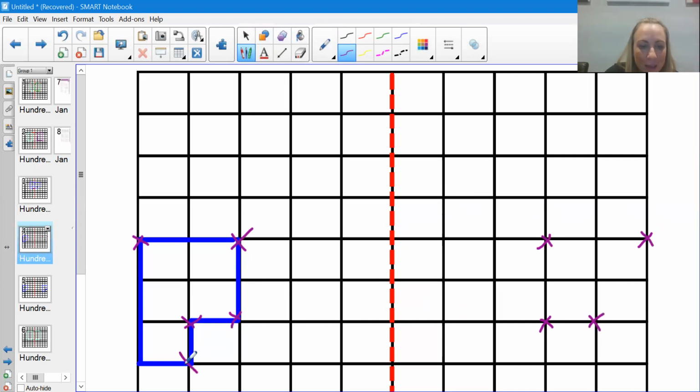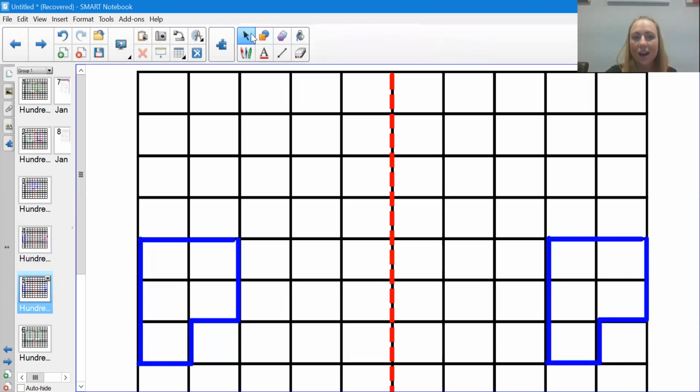And then I'll go to this one, and I know that that's going to be 4 because I know it's in line. And then my last one over here. And then I join those together, and they will be the same shape. But again, I have to make sure I flip it so that it's the reflection.